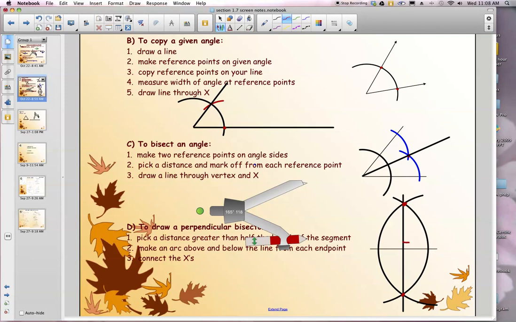It will also create a 90-degree angle. So this segment is going to be the same length as this segment, and that line comes through at 90 degrees. So those are the constructions that you are going to be working on today.